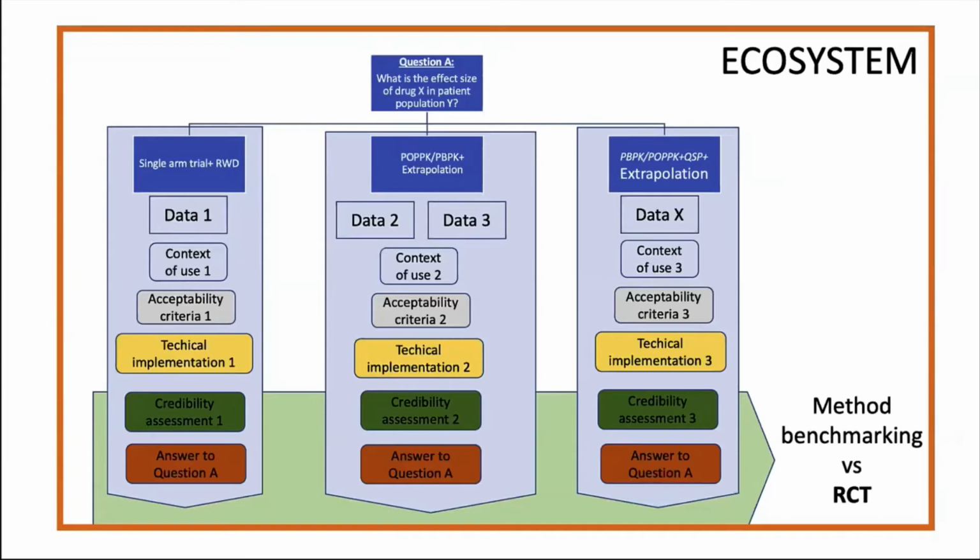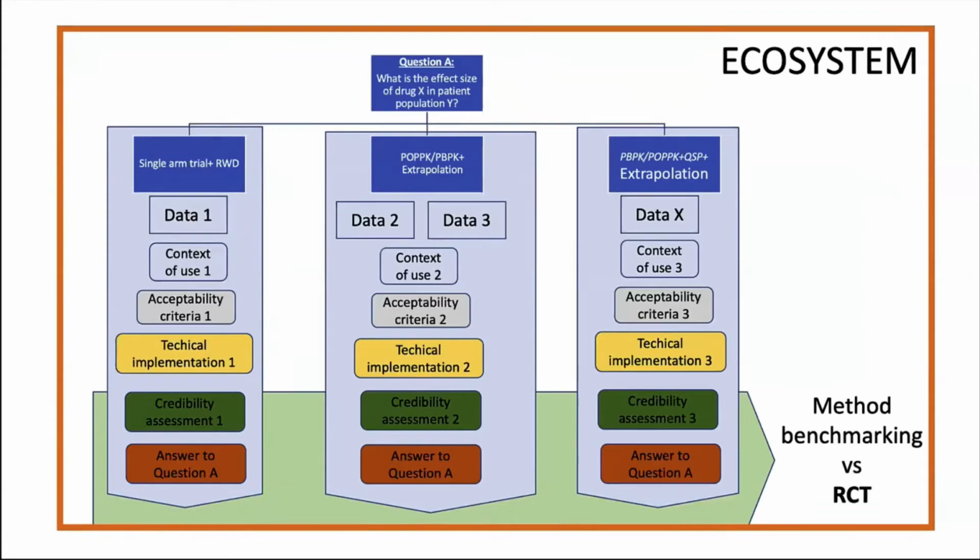The first step would be to characterize the overall uncertainty when this method is actually used, and then compare the alternative methods and data sources and see how they could be benchmarked to the evidentiary standard method for that particular type of question.